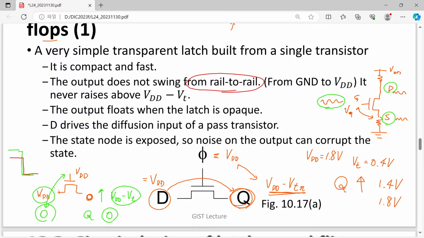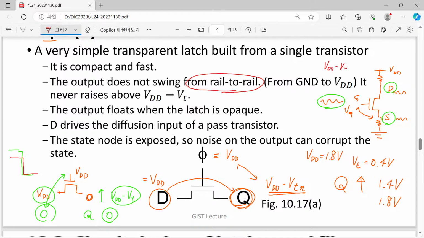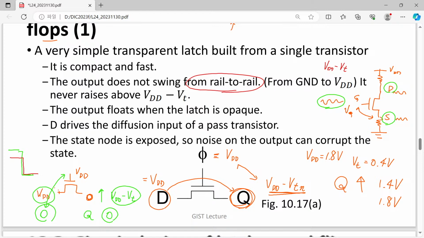I mean that the signal does not swing between ground and VDD. It just swings from 0 to VDD minus threshold voltage. Okay, now you understand this second statement.